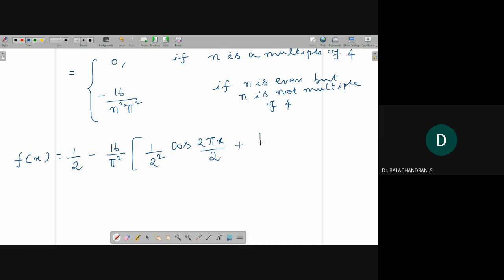So 16 divided by pi square, here we have 1 by n square, so 1 by 6 square into cos 6 pi x by 2. 7 will not come. 8 is a multiple of 4. 9 is odd. 10: 1 by 10 square cos 10 pi x by 2 and so on.